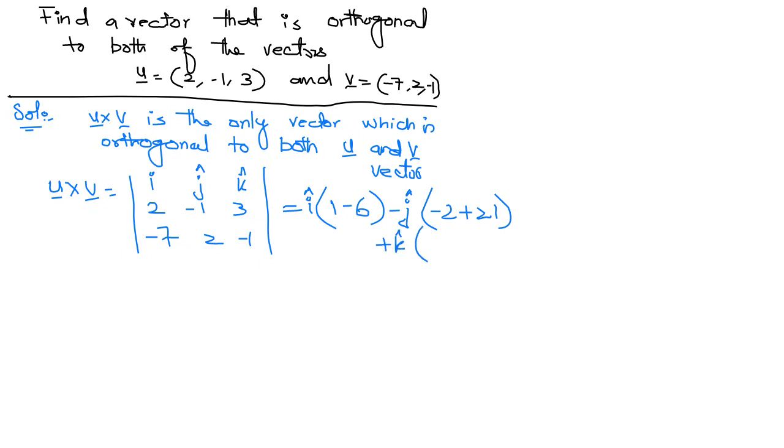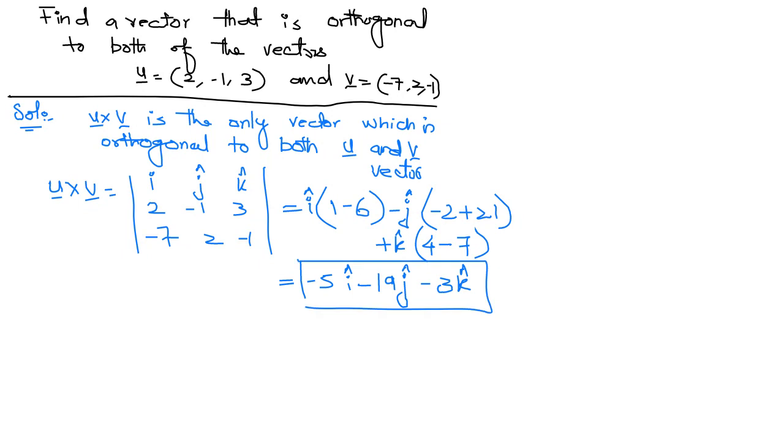Plus K: 2 times 2 is 4, minus (-1)(-7) which is 7, that is -3. So the result is -5I minus 19J and -3K. This is the vector which is orthogonal to U and orthogonal to V. Got it? Is this clear?